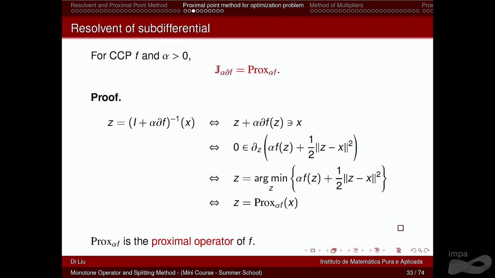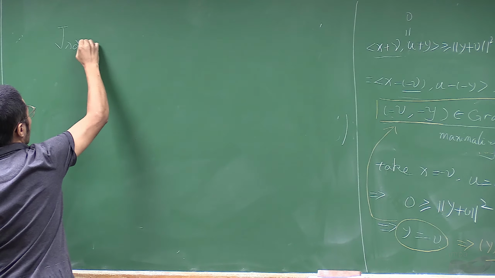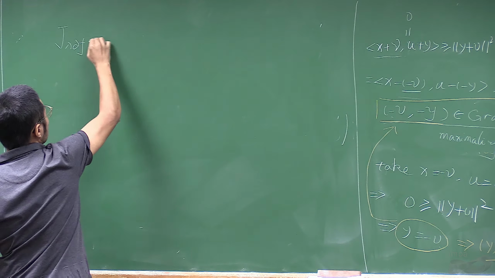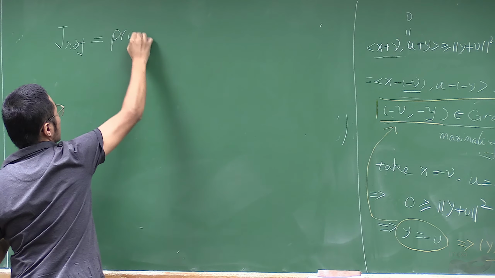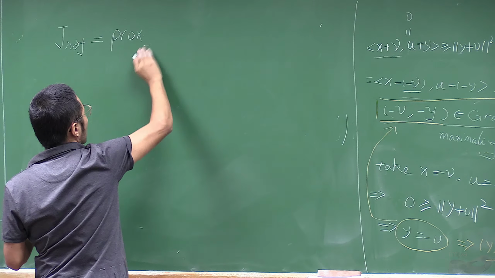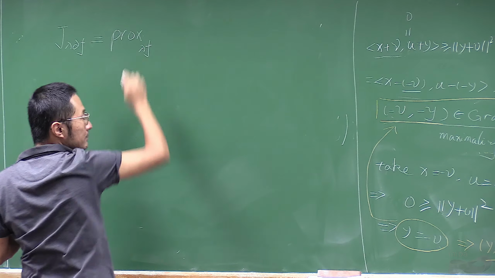It's just by the definition and the optimality condition of optimization problems. First we want to prove that the resolvent of lambda times the subgradient equals the proximal operator of lambda f.